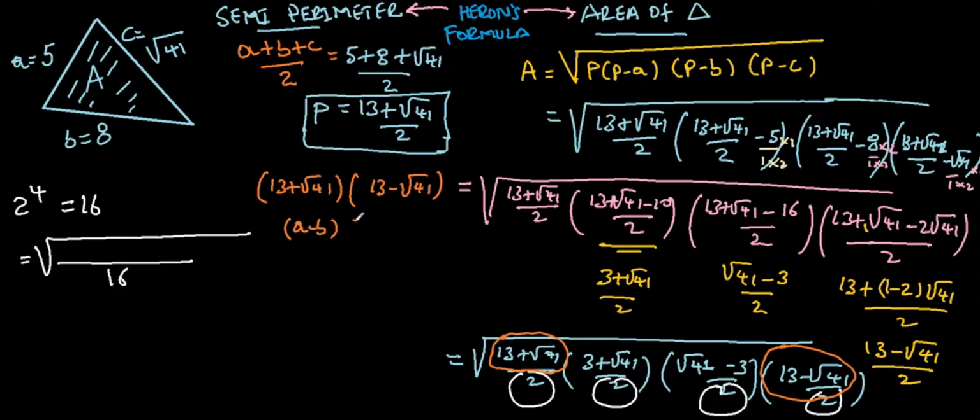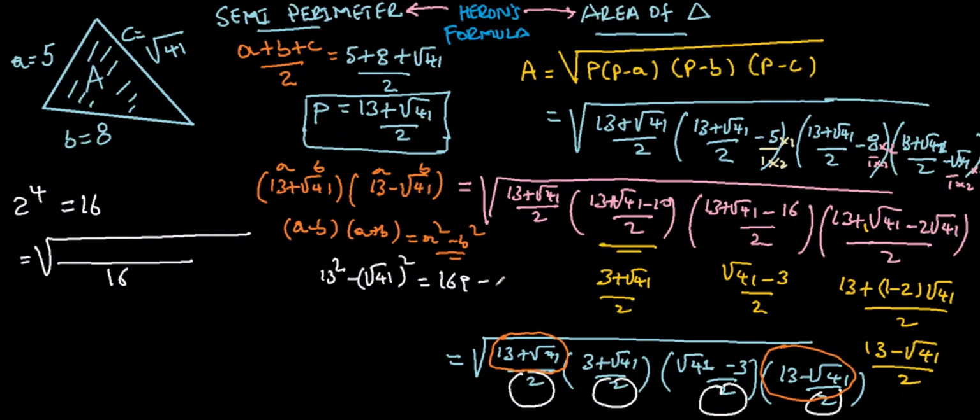The short multiplication formula: a minus b times a plus b is equal to a square minus b square. So the same thing, this one is a, this one is b. So it will be a square minus b square. So that means 13 square minus the square root of 41, the whole square.